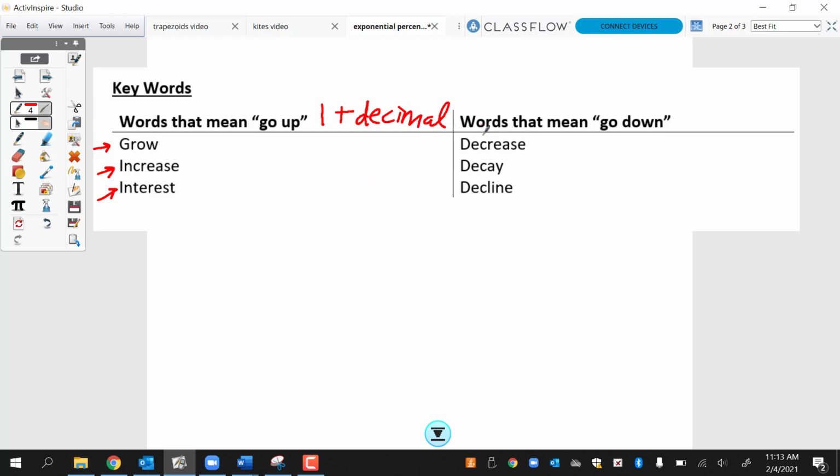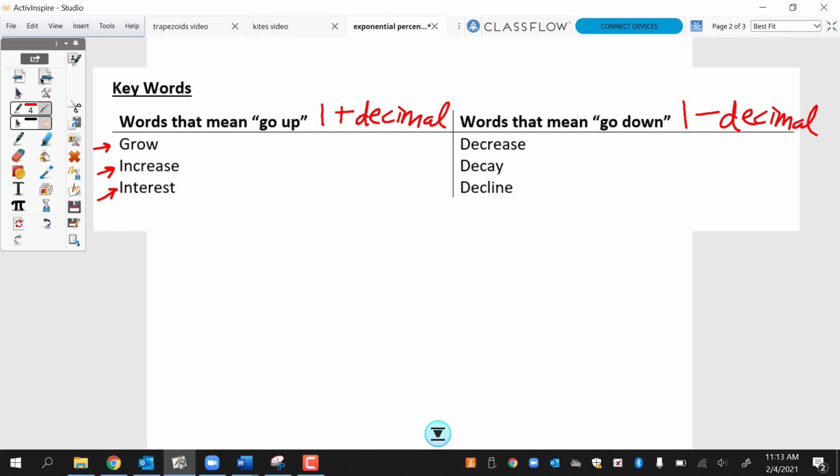If it says any of these words over here, like it decreased by this percent, or it decayed by this percent, or a decline, or you lost money by this percent, then that's going down. And instead of doing 1 plus, we're going to do 1 minus the decimal.